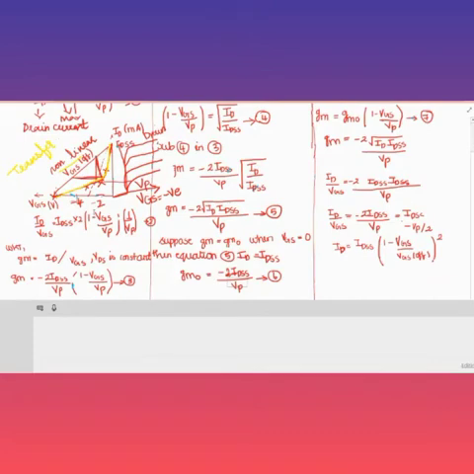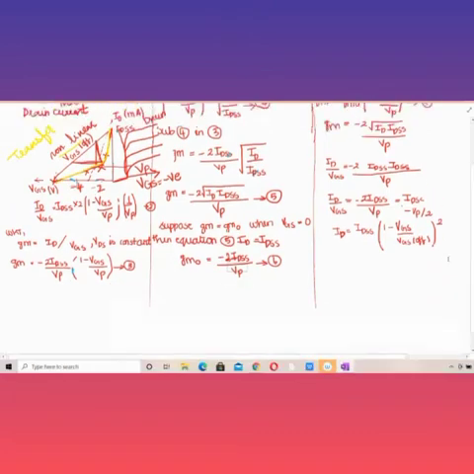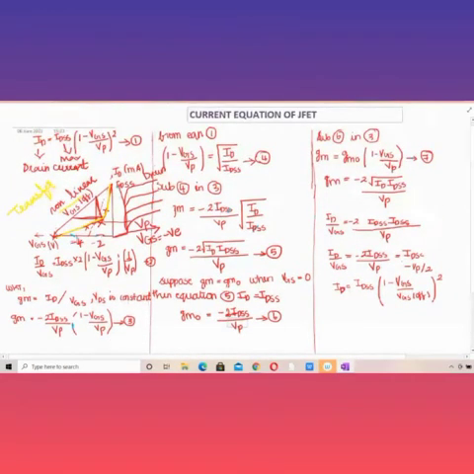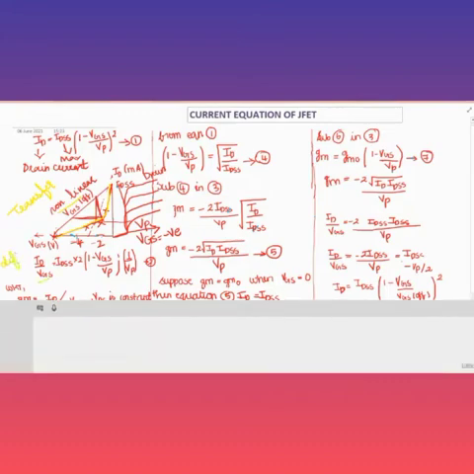The next step: I have taken my drain current equation as ID equal to IDSS times 1 minus VGS by VP the whole square. My first step is to differentiate this with respect to VGS.